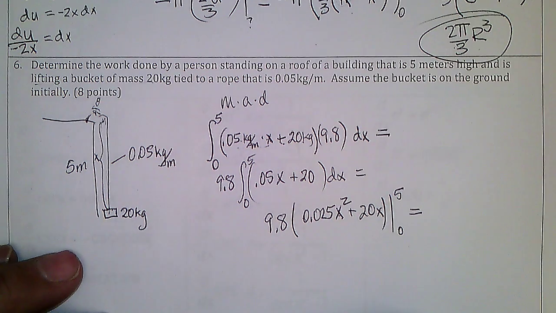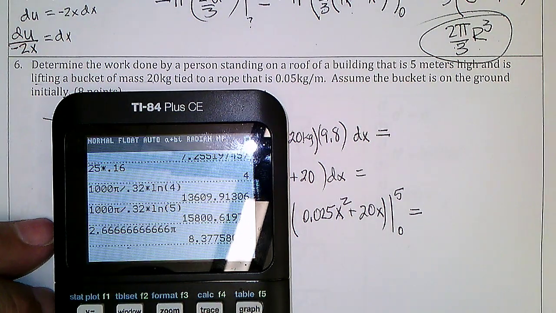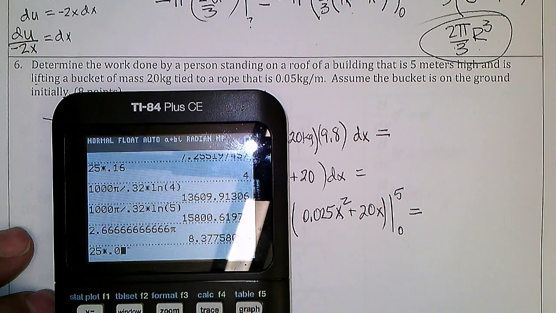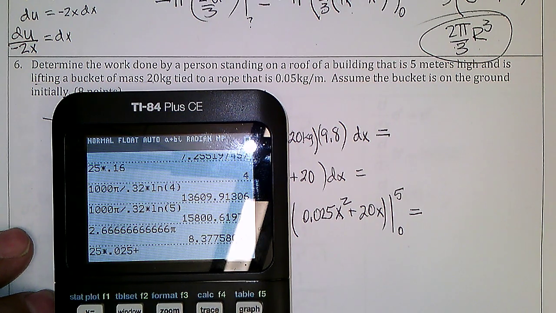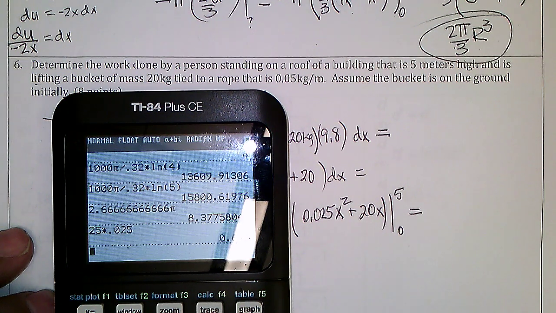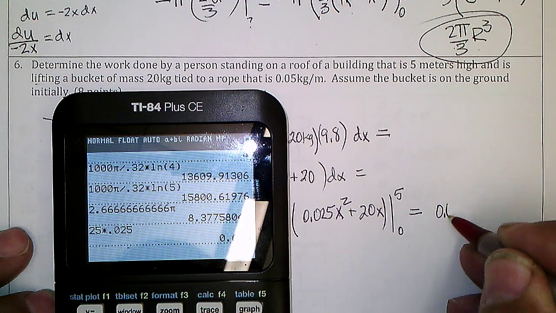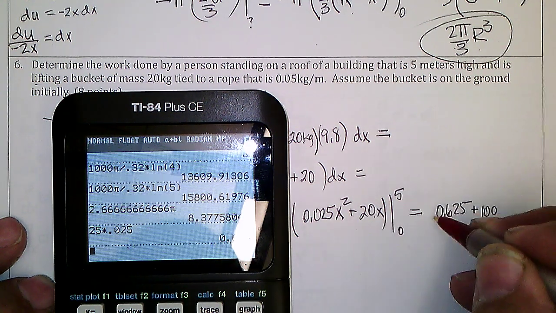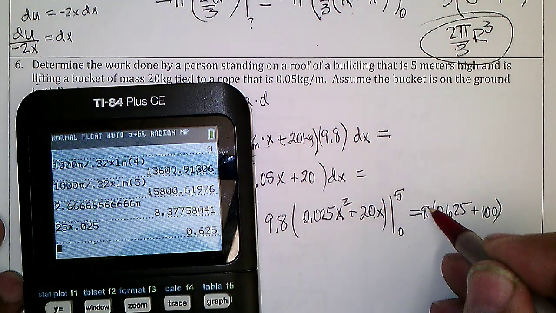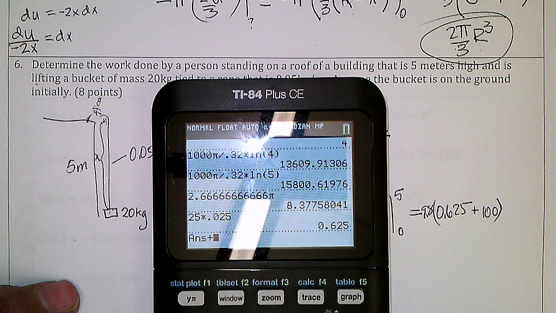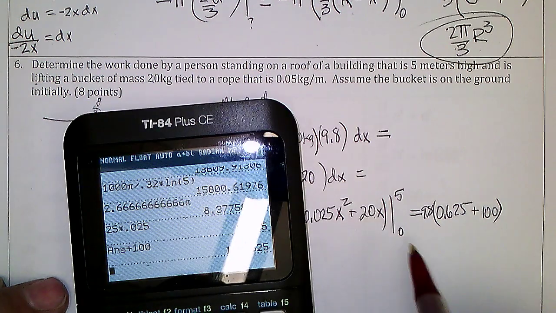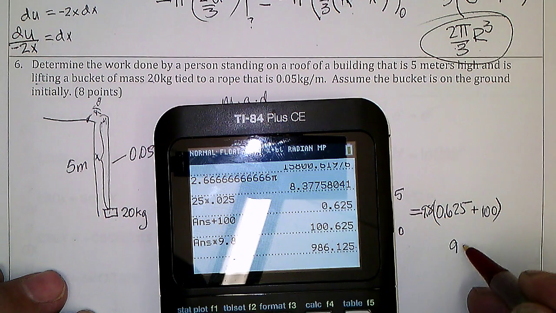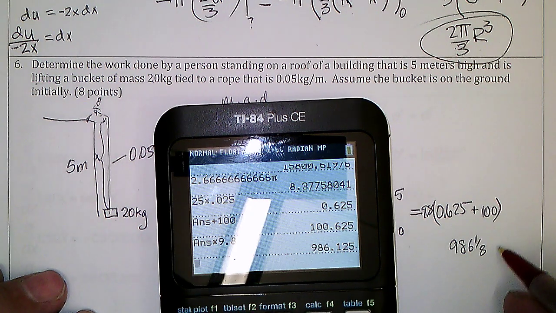That one's not so easy. 5 squared is 25, times 0.025, let's just figure that out, make sure I get that. Yep, 0.625, plus 20 times 5 is 100. So 0.625 plus 100. And if I put in 0, I get nothing. So that times 9.8 is 986 and an eighth joules.